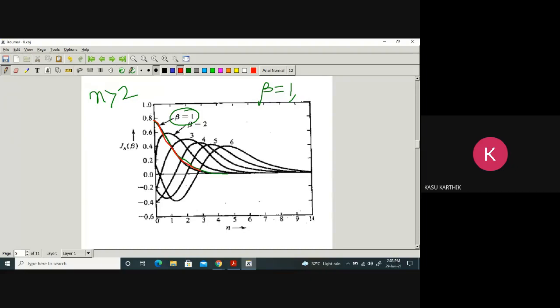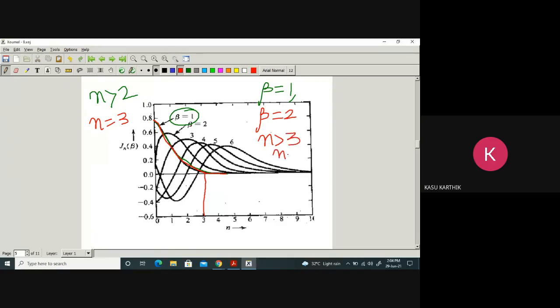Suppose n equal to 3, what is the value of this J_n(β)? This is almost 0. Suppose when β equal to 2, you take n greater than 3.